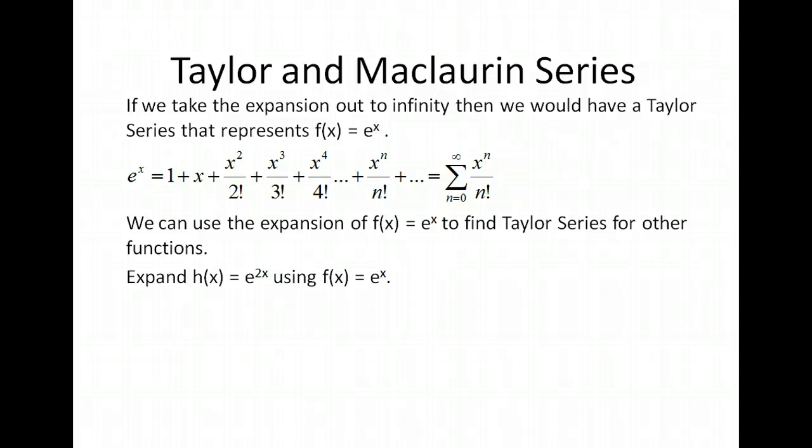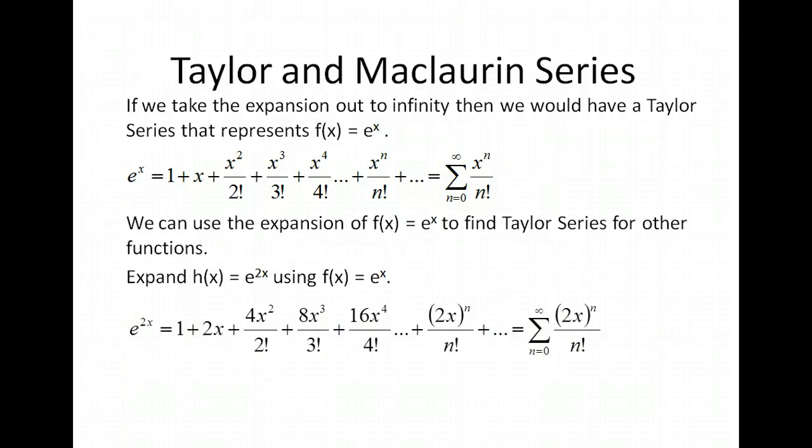For instance, if we had the function e to the 2x, the only difference between the two functions is that we took x and multiplied it by 2. So we're going to do the exact same thing to the polynomial. We're going to replace x with twice x. And you can see pretty quickly that we have a pattern going of 2, and then 4 is 2 squared, 8 is 2 to the third, 16 to the fourth.